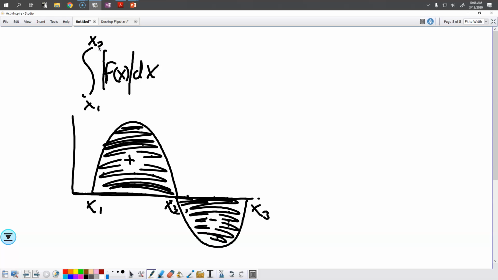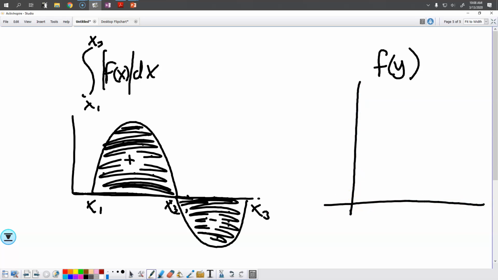Well, when you're talking about a function of y, it could take on a few different forms, but I'm just going to make it kind of look like what we have here. They're sideways functions, okay? So in this case, instead of finding the area from your curve to the x-axis, we're finding the area from our curve to the y-axis.